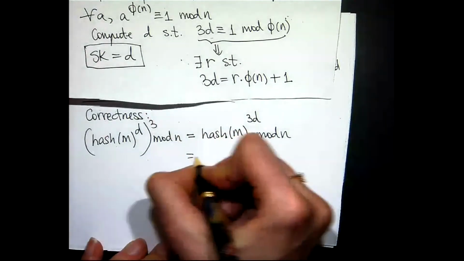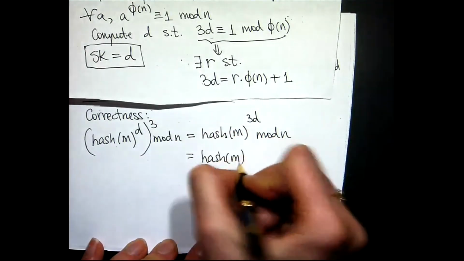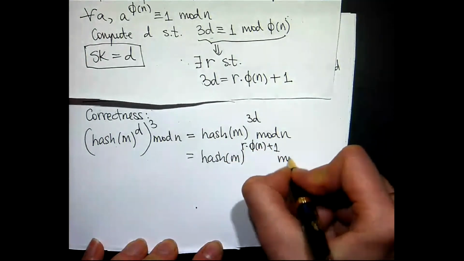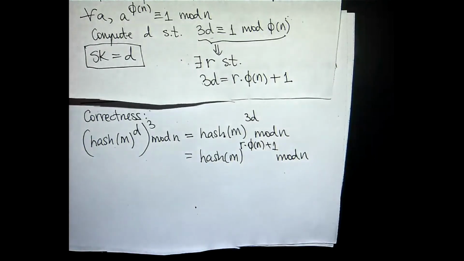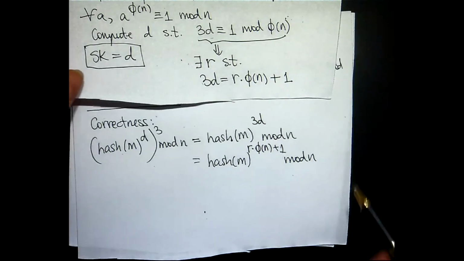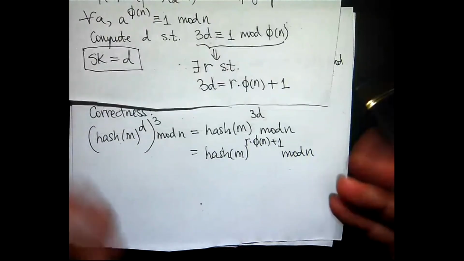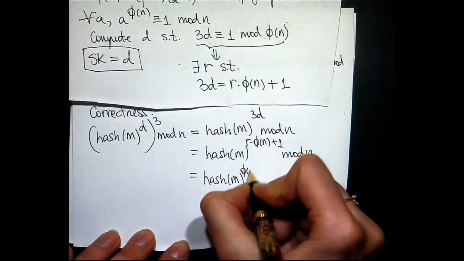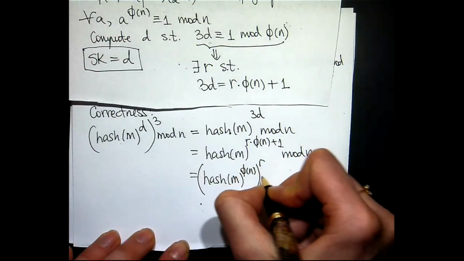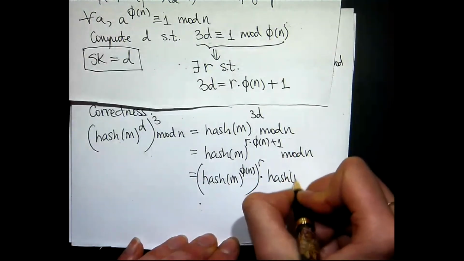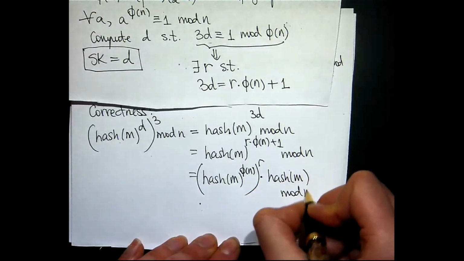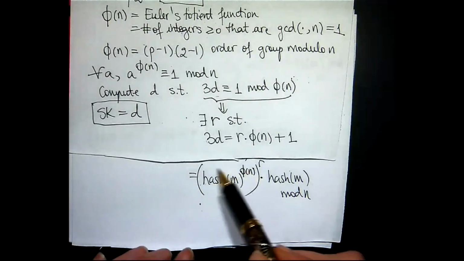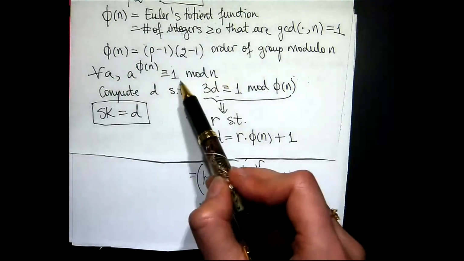I get hash of M to the power of R times phi of N plus 1, modulo N. I'm going to rewrite this as hash of M to the power of phi of N, everything to the power of R, times hash of M, modulo N. But I also know that anything to the power of phi of N modulo N gives me 1.